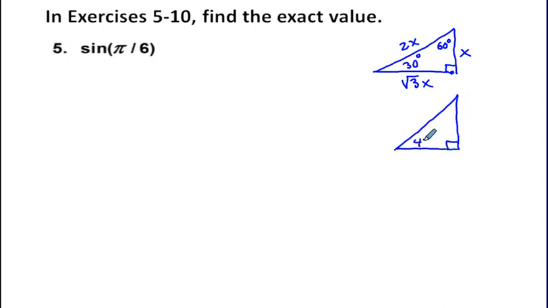This angle is 45 degrees, and consequently 45 degrees also in the upper right. Each of the legs can be represented as x, and the hypotenuse as x square root of 2, however you look at it.